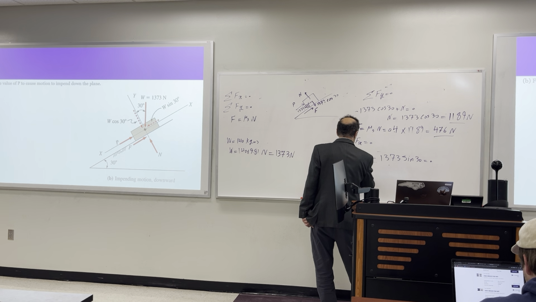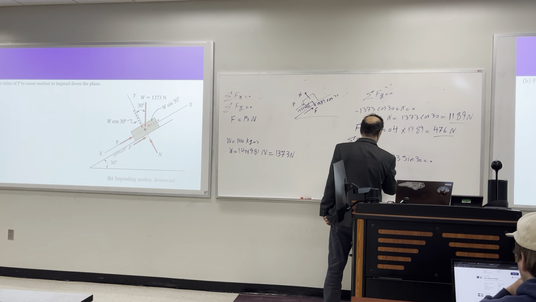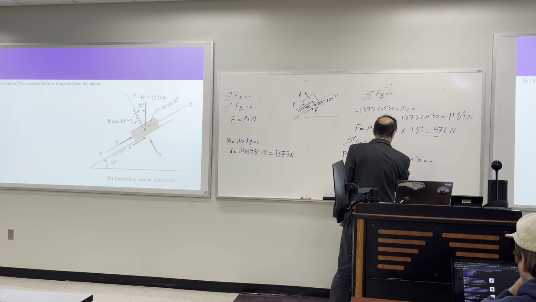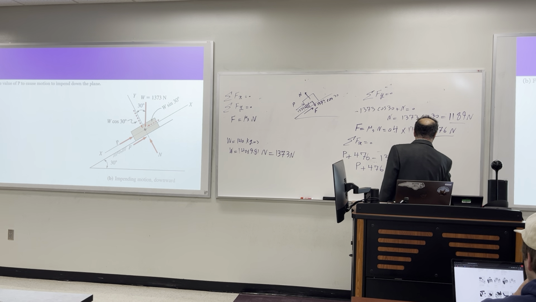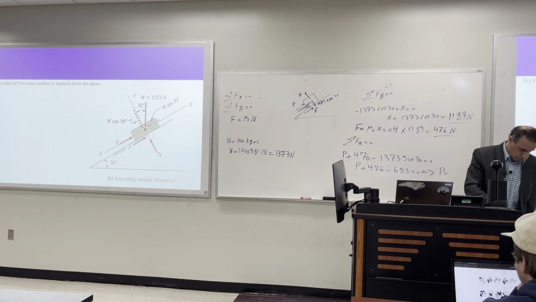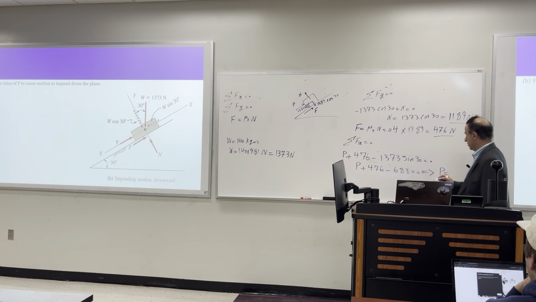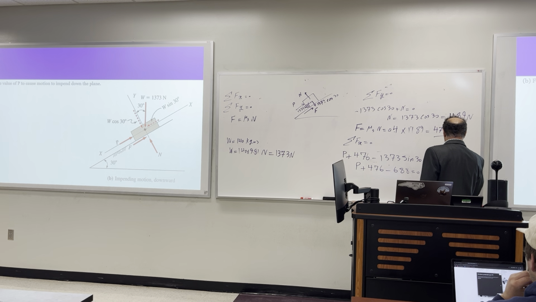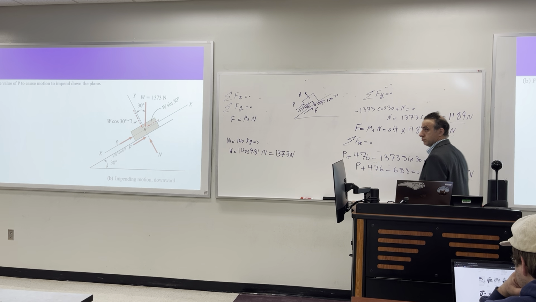So it will be P plus 476 minus 686.8 equals 0. That gives me P equal 211. Yeah, it's just rounding, yeah, 212. We trust you.